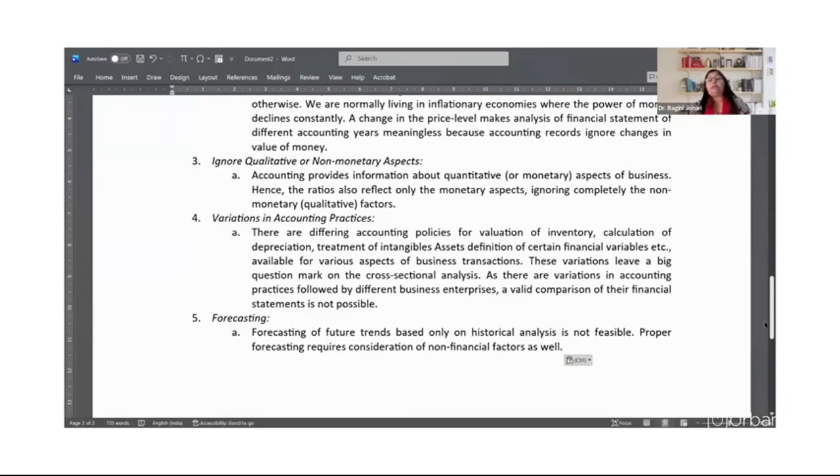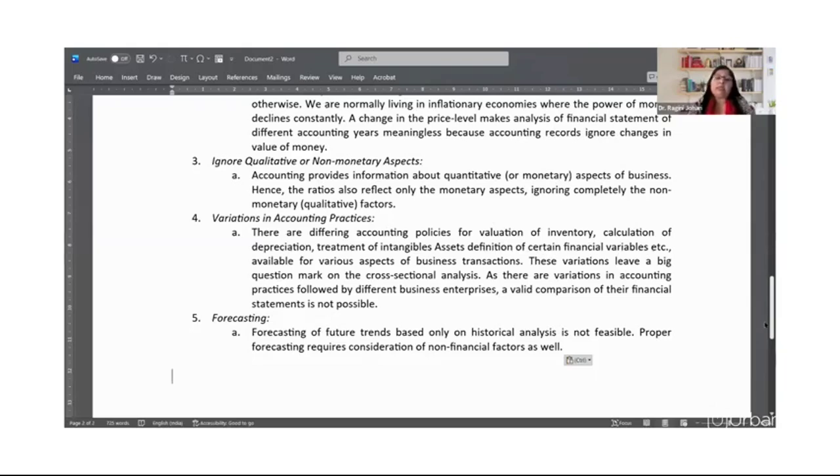Different accounting policies are there for valuation of inventory, calculation of depreciation, treatment of intangible assets, etc. Right. And these variations cause a very big question mark on the cross-sectional analysis. Because of that, a valid comparison of the financial statements is not possible sometimes.